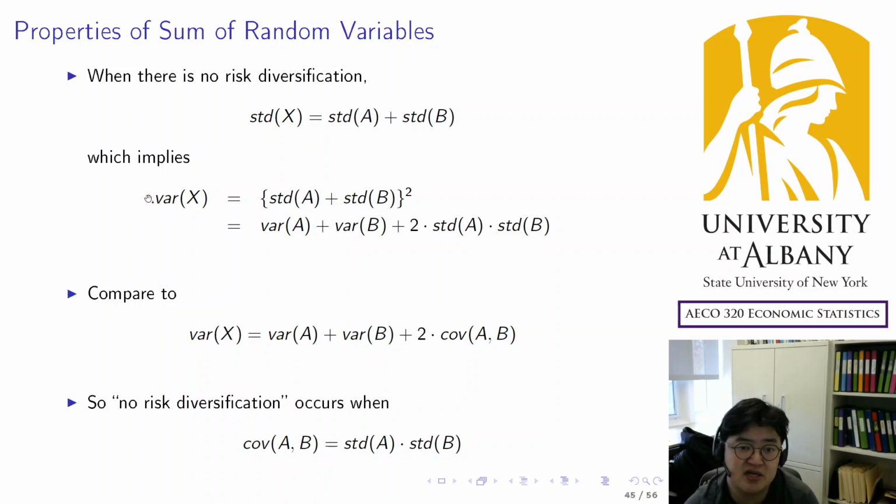And compare this to the previous formula. Everything is the same, but this part is the difference. So comparing the assumption to the formula, the covariance must be the same as standard deviation times standard deviation. So this assumption implies covariance equals standard deviation A times standard deviation B. So then, when does it happen?